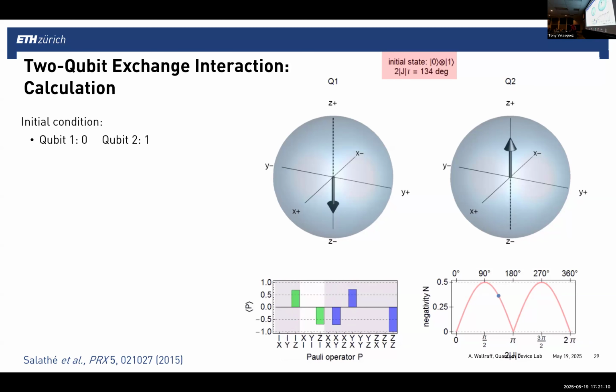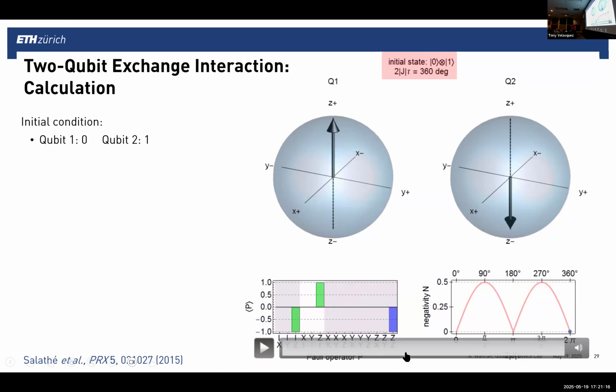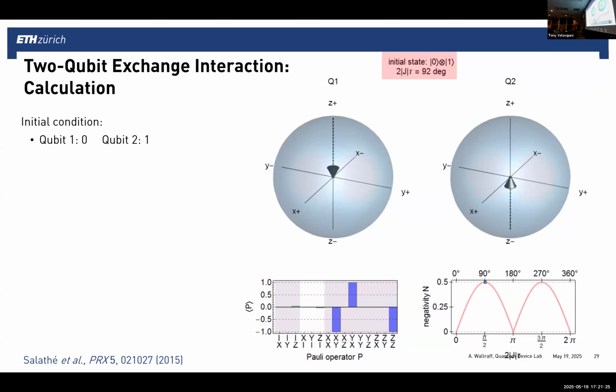And for a specific period of time, these interactions then create entanglement between the two qubits. Maybe let me try to find those. So for example, at this location here, you have maximum entanglement between the two qubits.